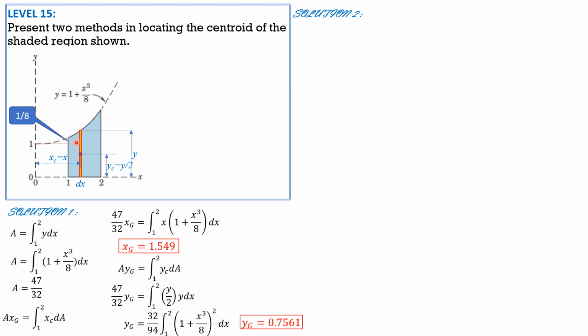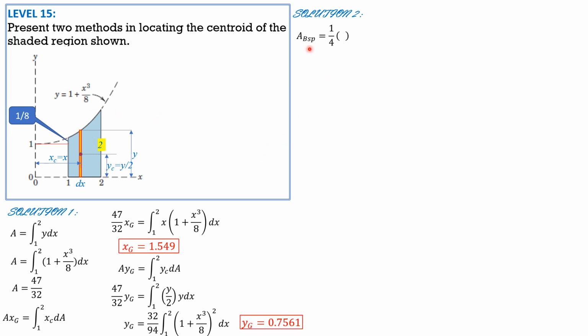And when x is 2, the total height here is 1 plus 2 cubed over 8, so that's 2. So the height of this nth degree curve above this horizontal red line is also 1. So the total height is 2.